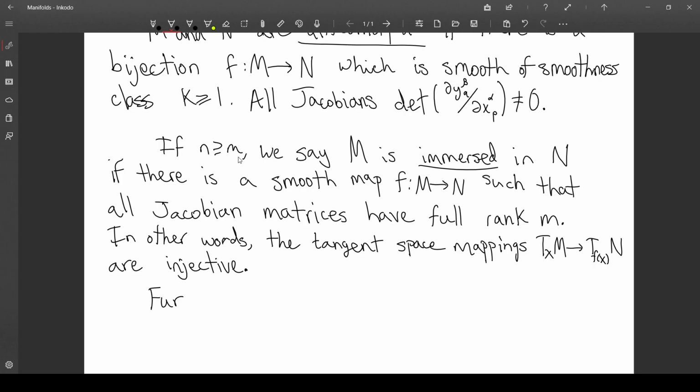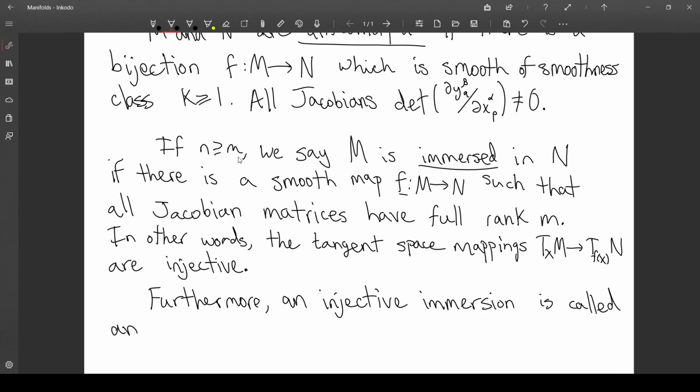And furthermore, an injective immersion. So here the map f that we're defining is called an immersion. An injective immersion is called an embedding.